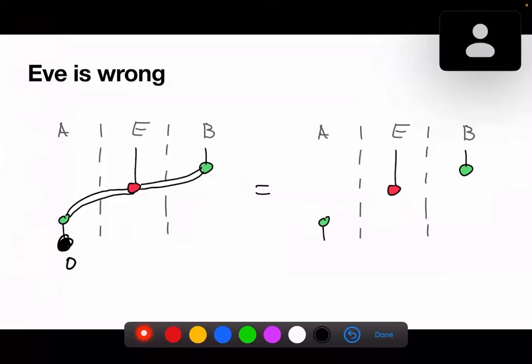If Eve was not eavesdropping, then we know that Bob should be receiving the cat 0, the 0 state, right? But in this case, Eve was eavesdropping and she measured in the wrong basis state. So Bob is going to get exactly random noise. This has half a probability of getting cat 0, but it also has half probability that it's going to be cat 1.